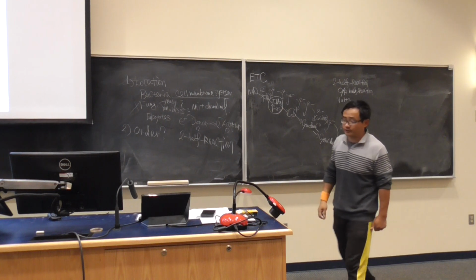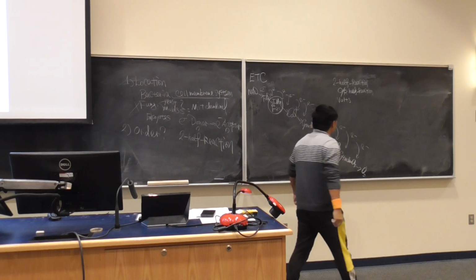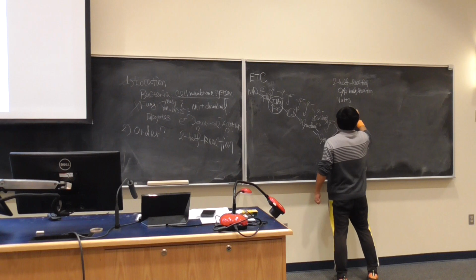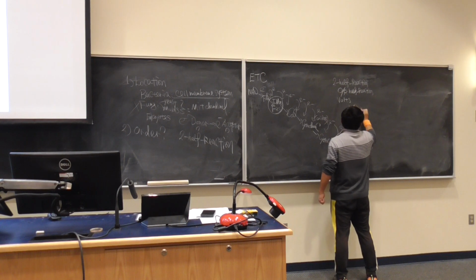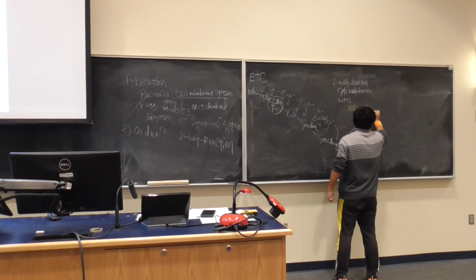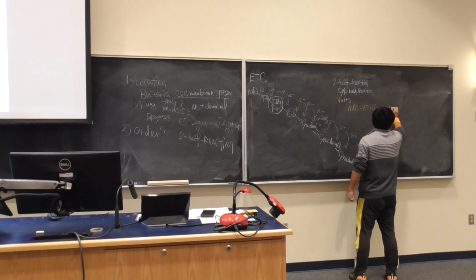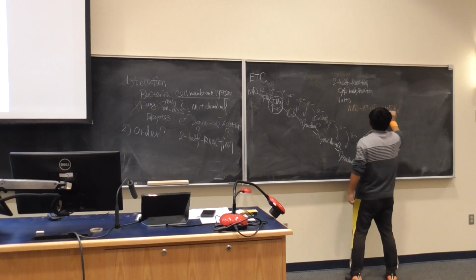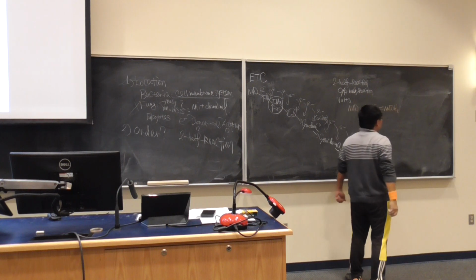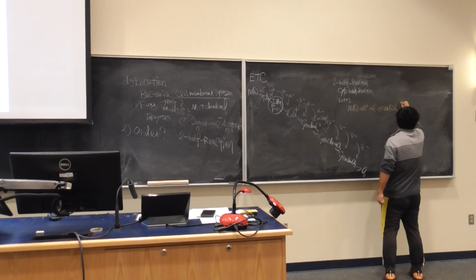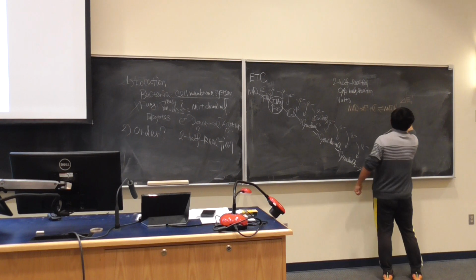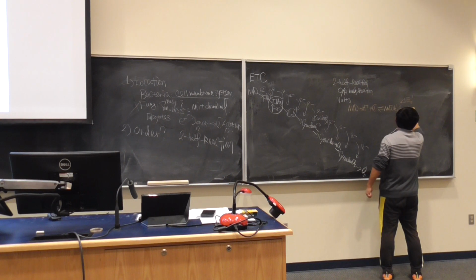So I give you a very simple example. If NAD with proton, with electron, then it becomes NADH2. What is the voltage value? The delta E. Minus 0.32.